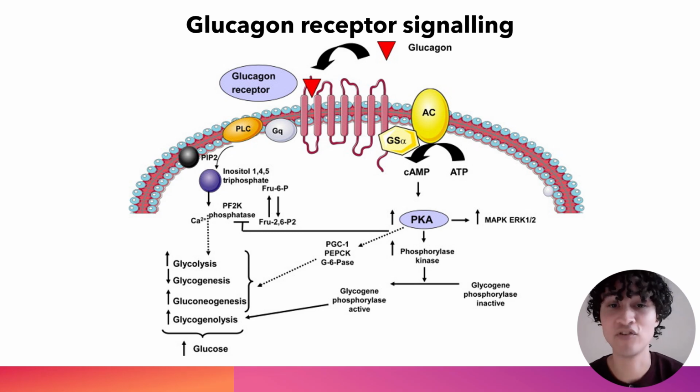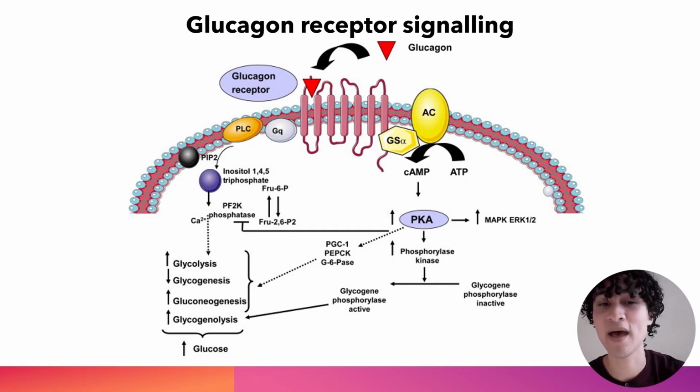Now, I mentioned before there's also Gq protein coupled receptors that glucagon is able to signal from, and on the other side of the diagram, on the left-hand side, you can see the alternate signal transduction pathway that can take place with Gq protein coupled glucagon receptors. Again, it's the same principle. That alpha subunit will become activated upon ligand binding and guanosine exchange.